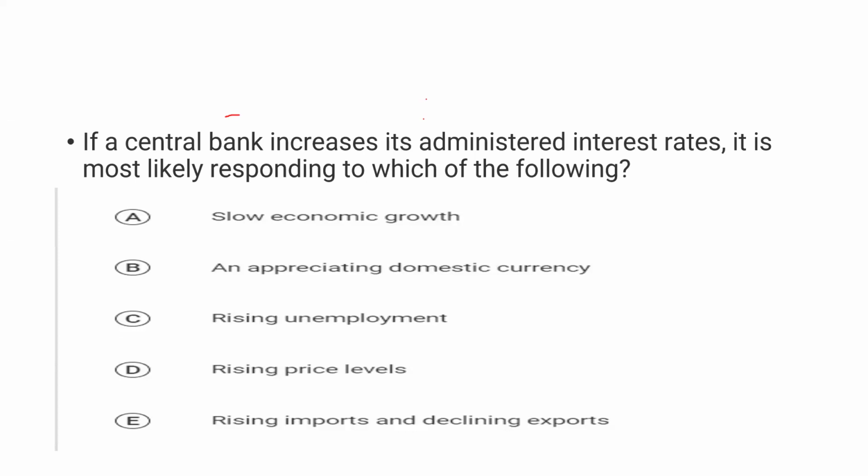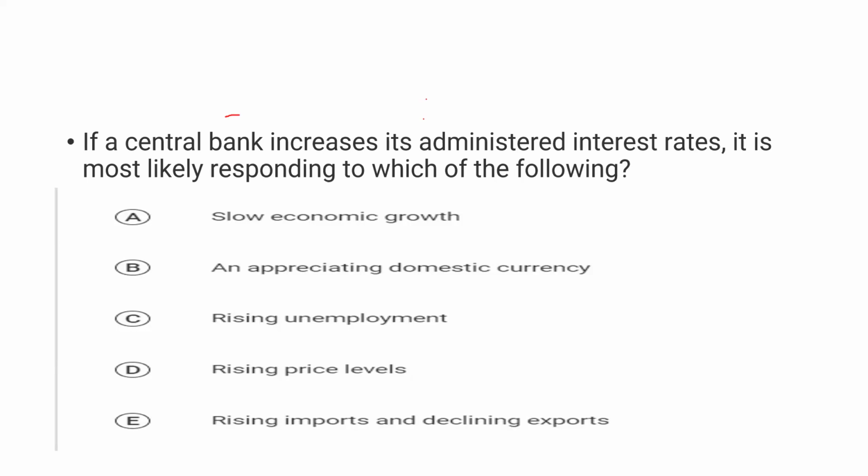I'm going to give you a minute here to look at this. Okay. Again, I said administered interest rates, they all do the same. So if administered interest rates are up, I know business investments down, AD is to the left. Now, why would I want to shift AD to the left?